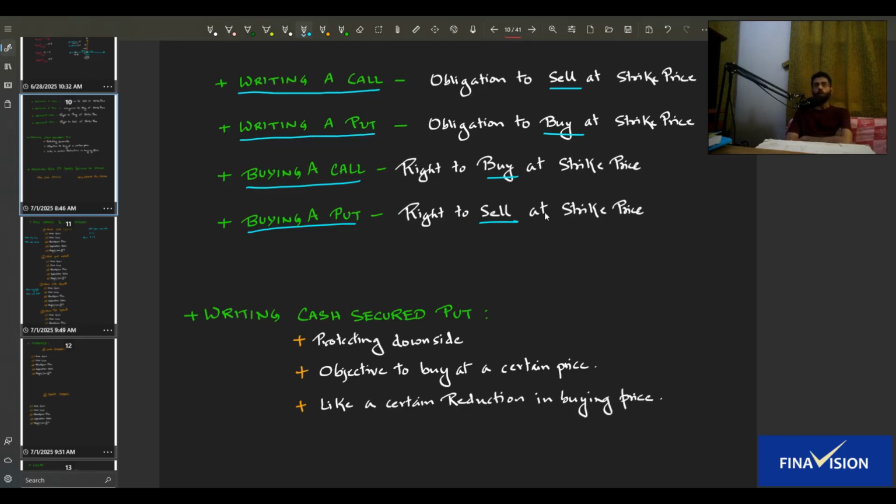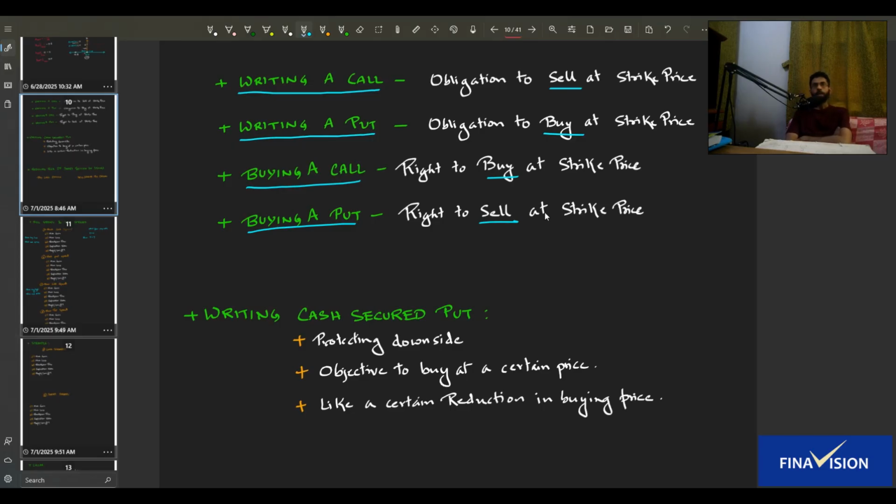So when we are writing a put, either we are trying to earn a premium and our speculation is the stock price is not going to come down beyond the strike price, or maybe we are predicting that the stock price may come down and we want to just reduce our buying price by writing a put and earning some premium. These are the two main objectives of writing a put.